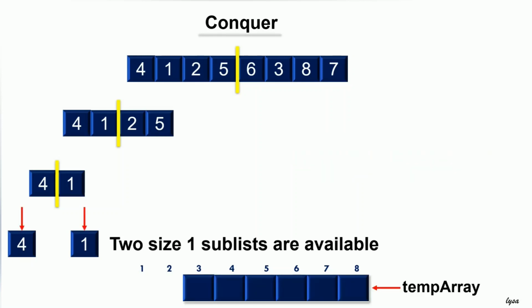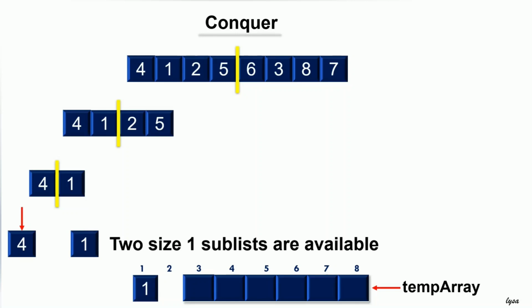I have two pointers. One to the first value in the left sublist, which is 4, and one to the first value in the second sublist, which is 1. I compare 4 and 1. I see which is the smaller value. The smaller value is 1. I write it in my temporary array, and then I move the pointer.